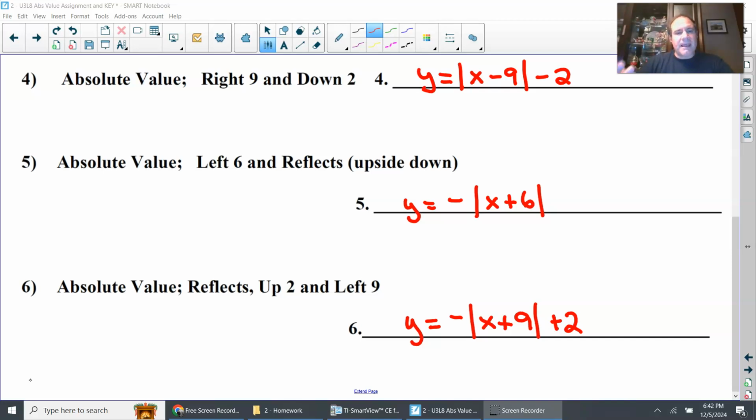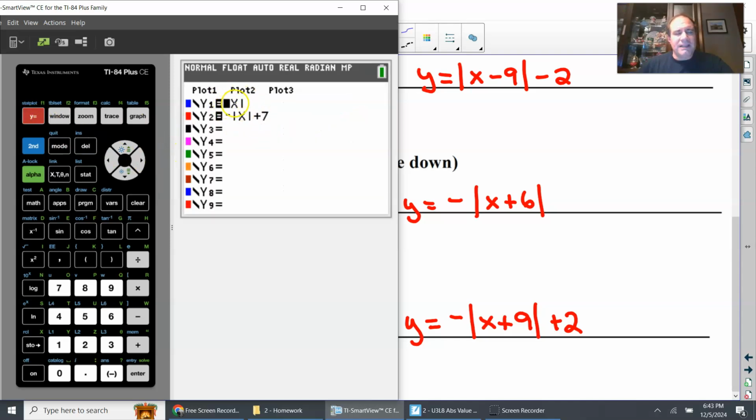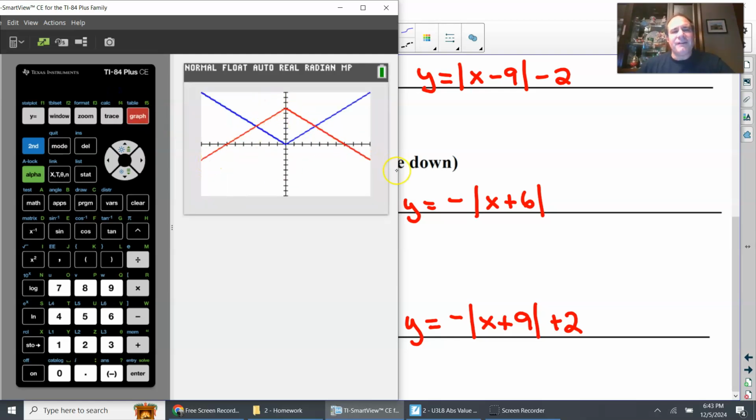So if you're talking about a parent function of y equals absolute value of x, and then there's a negative outside for y2, you know that you're going to have an absolute value that is reflected down now because it's a negative absolute value.